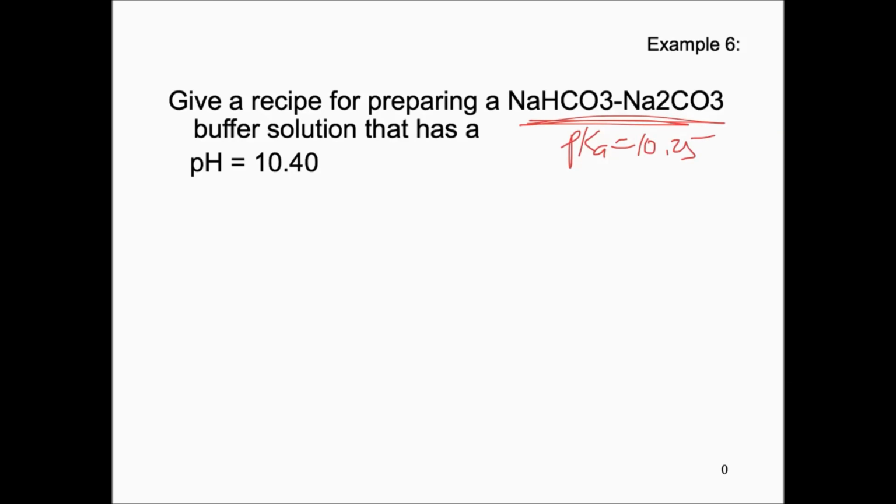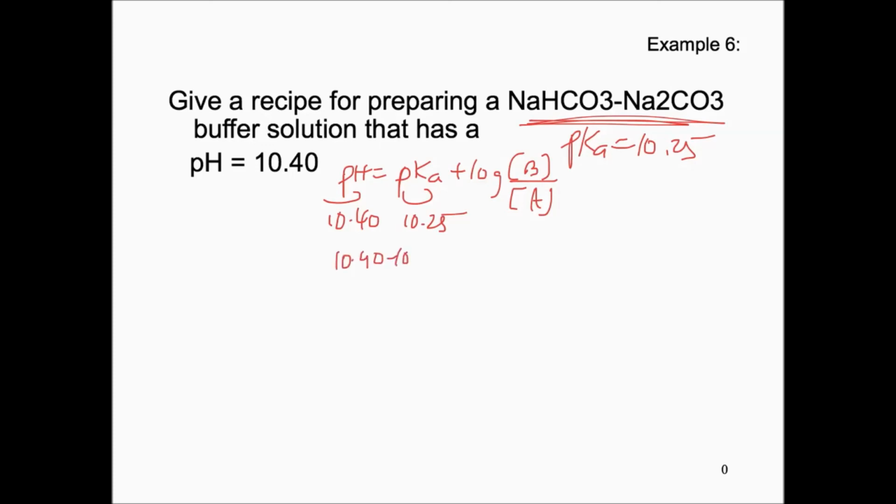So, we are going to use the Henderson-Hasselbalch equation again, plus log of base over acid. This is 10.40, this is 10.25, so you can say that 10.40 minus 10.25 is equal to log of base over acid, which is 0.15 is log of base over acid.